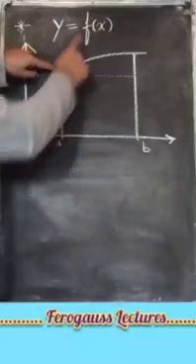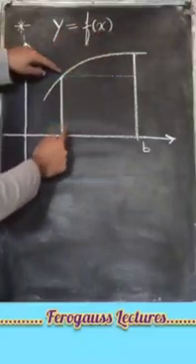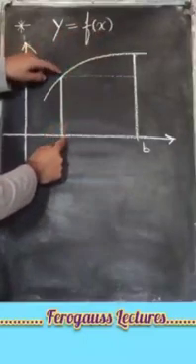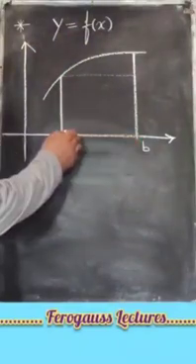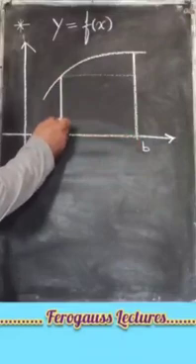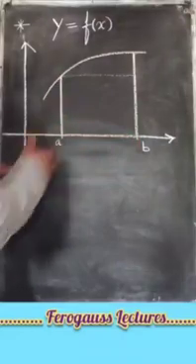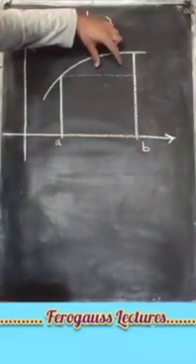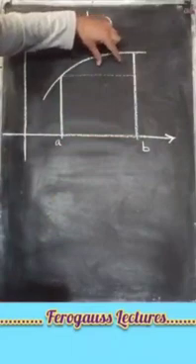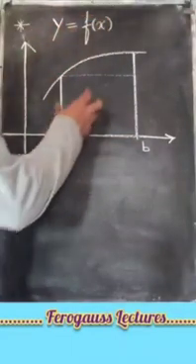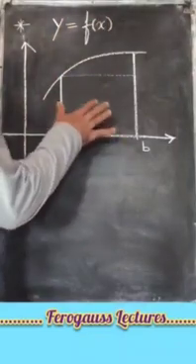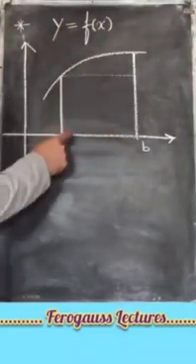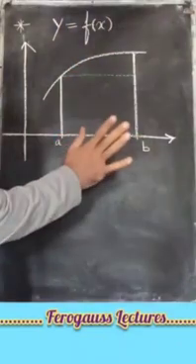When x is a, we get y is equal to f(a). Thus, the area of this rectangle is equal to (b minus a) into f(a). But there is much area left outside this rectangle. So we can say that the area of this rectangle is not a good approximation for the area under curve between two given points a and b.